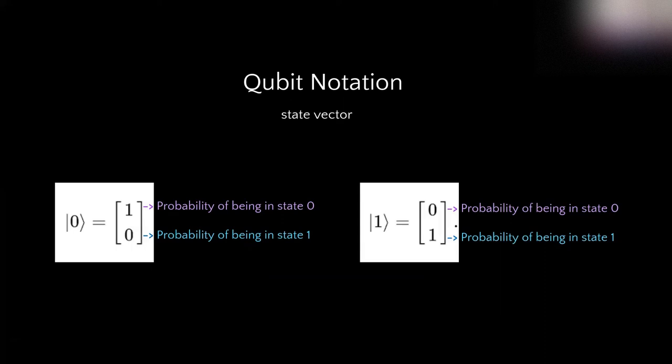That is, the qubit is currently in the 0 state. And if we have 0 before 1, then the probability of being in 0 state is 0 and of being in 1 state is 100%. Therefore, ket 1 represents the state of being in state 1.